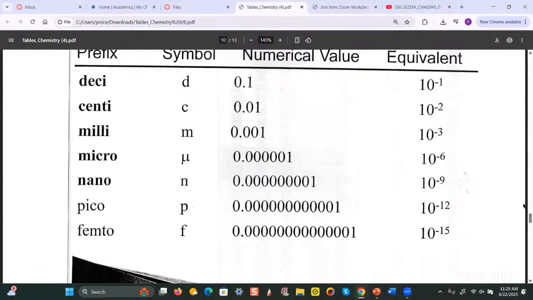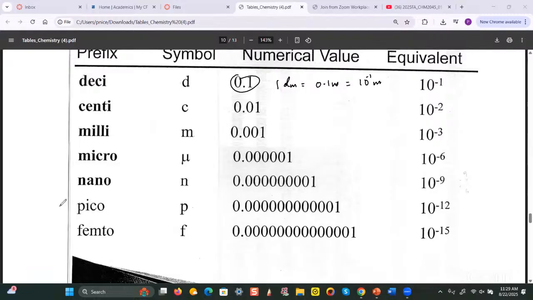So this is more comprehensive than the one that I showed you earlier. These are the ones representing the smaller prefixes. So you use this in conjunction with the base unit. The example I think I gave was the relationship between the meter unit and the decimeter. So 1 decimeter is equal to 0.1 meters because deci means 0.1, which is the same thing as 10 to the minus 1 meters.